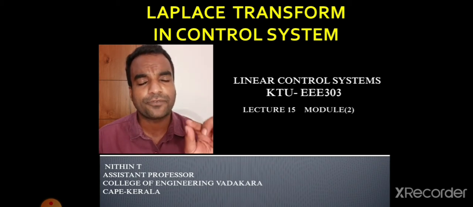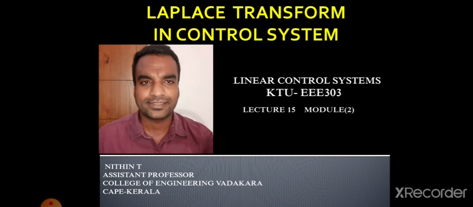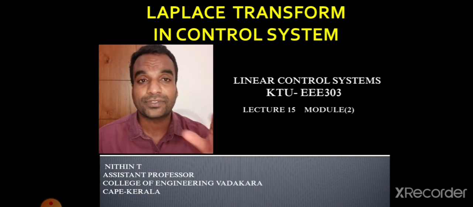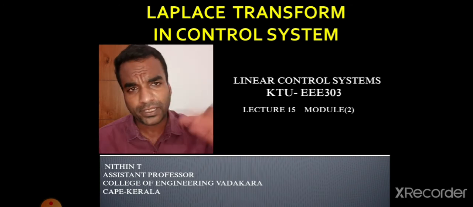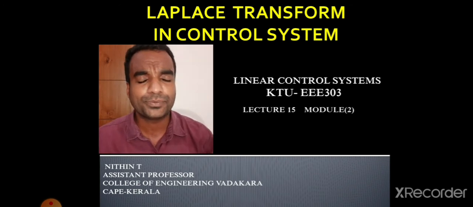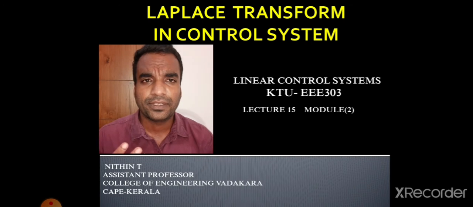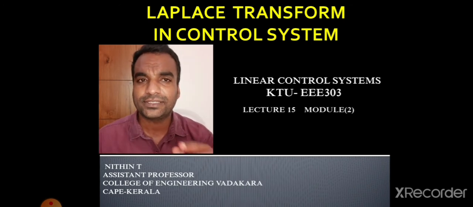Transfer function is C of s by R of s, that is given. Then we will find C of s, that is equal to transfer function into R of s. We will cross multiply R of s, and we will assume some input like step input. If it is step input, R of s is 1 by s.